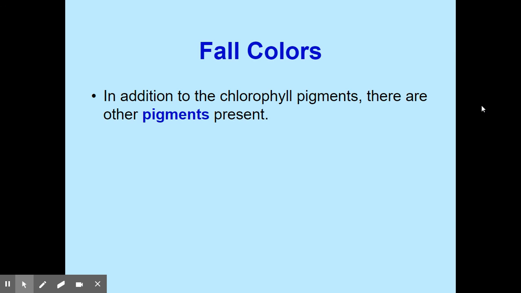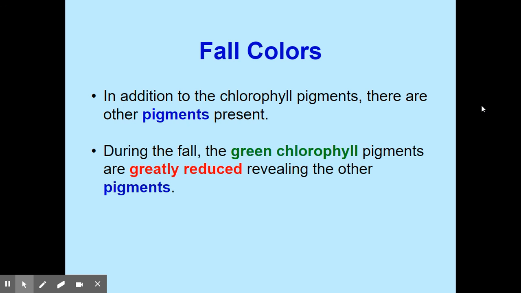The reason is because we have other pigments other than chlorophyll present during that time. During the fall, the green chlorophyll is greatly reduced, and that allows other pigments to be more present than the green chlorophyll.